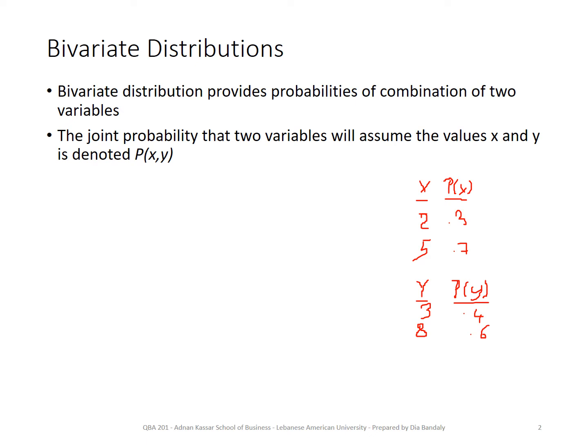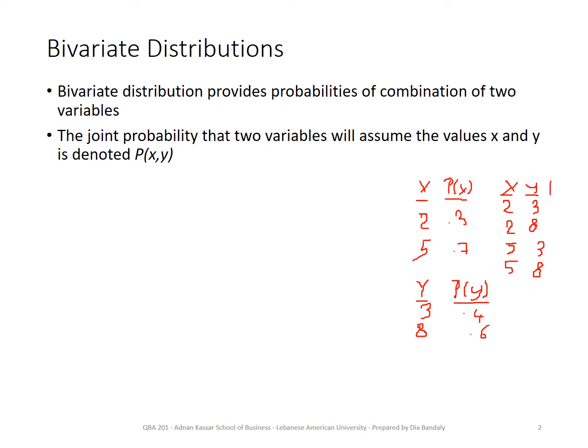For example, the value of x, which is 2, can occur when y is 3, and also x is 2 and y is 8. And also here we have x is 5 and y is 3, and x is 5 and y is 8.